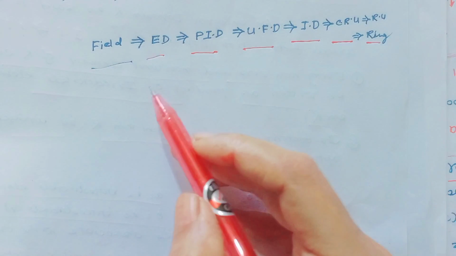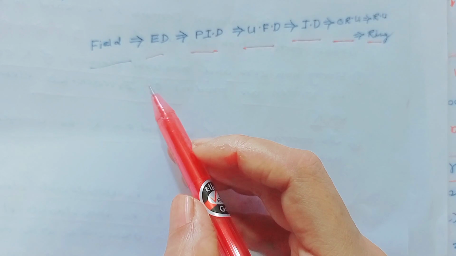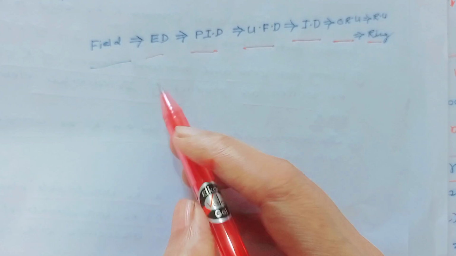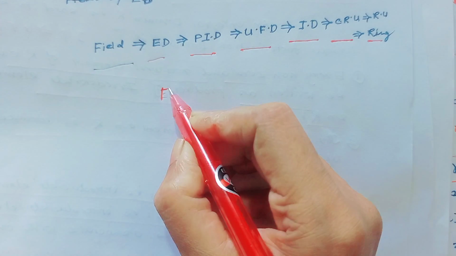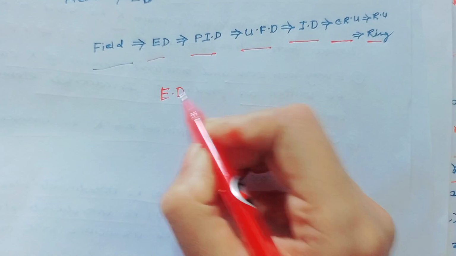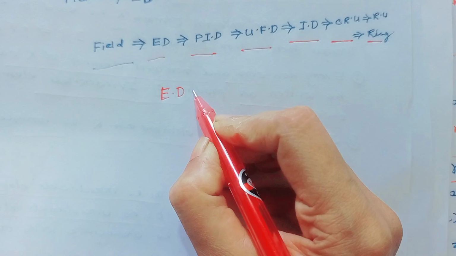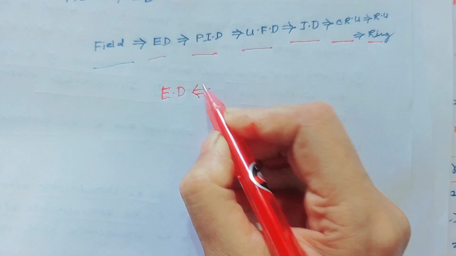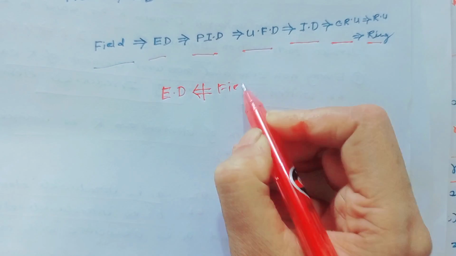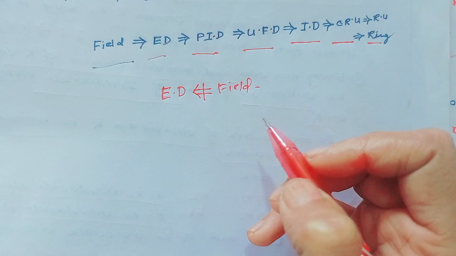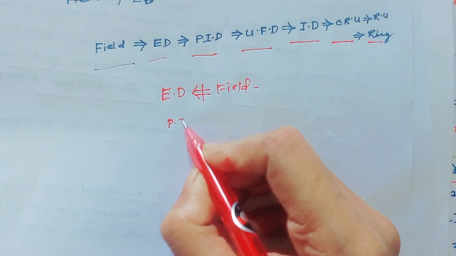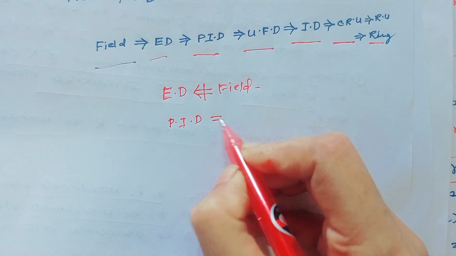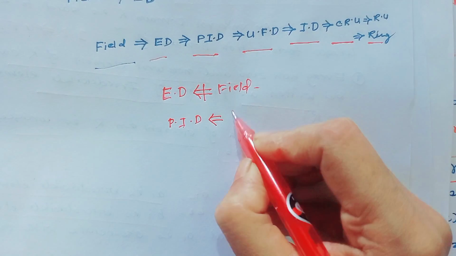But the converse is not true. There exist many rings which are integral domains but not fields. There exist many rings which are P.I.D but not fields, and also not integral domains.